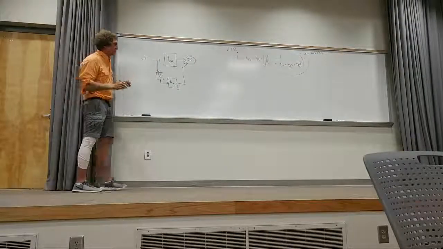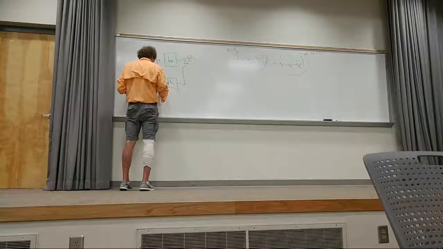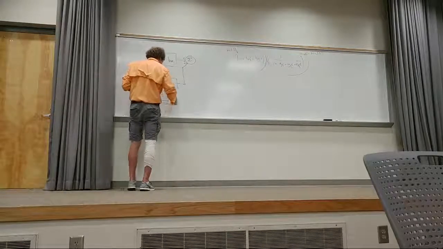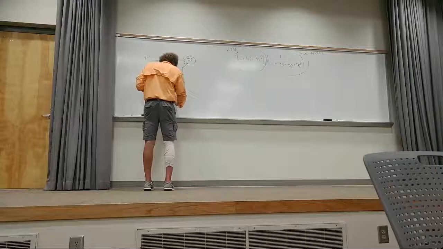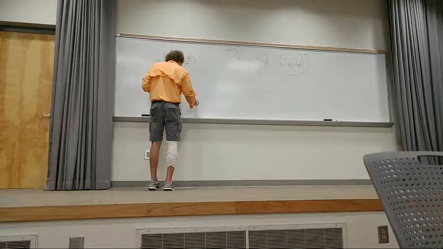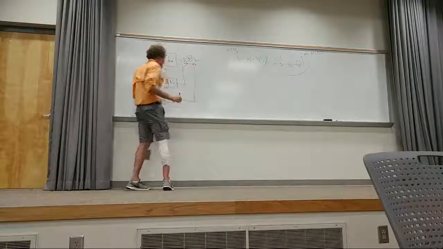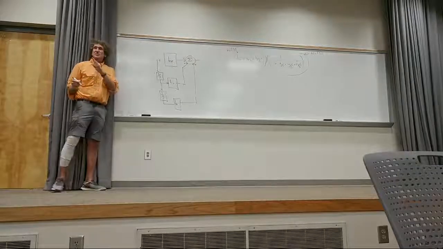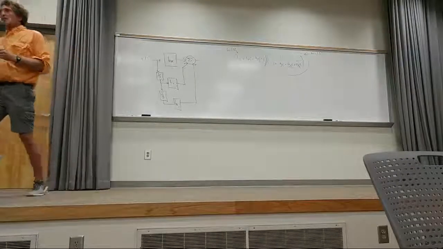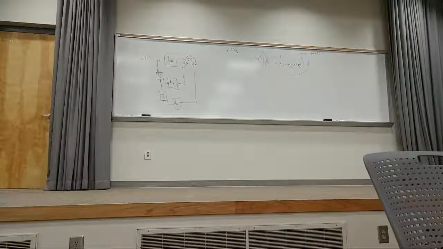Then I'm going to have another 1 over S here, and then there'll be a B2 here. And it will sum here, and go here, where all these are summed together. Now please take a look at this. It's a strict, simple block diagram. Each one of those things has only one functional form. It's either a multiplier by a B or a multiplier by a 1 over S. And you'll see an op-amp will give you a 1 over S perfectly.